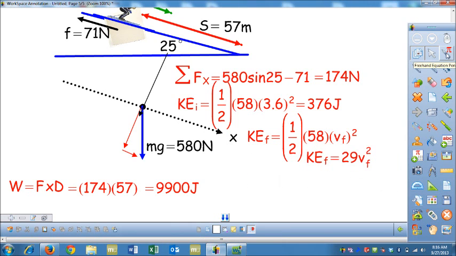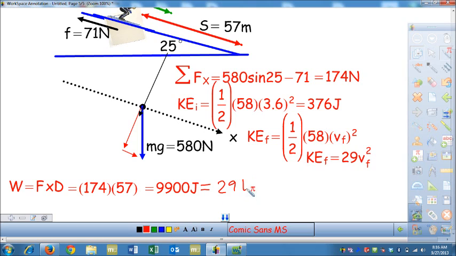So that means that this here is going to equal 29 v final squared minus 376, which is our initial kinetic energy.